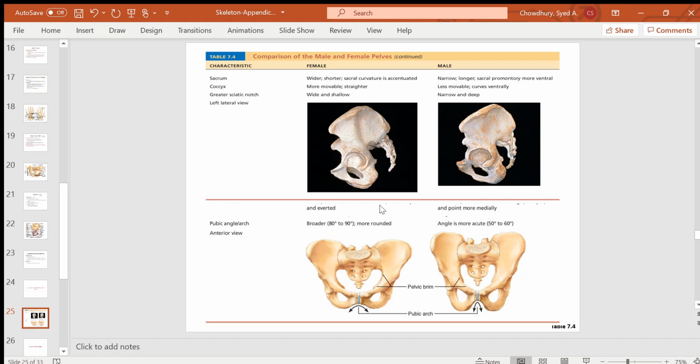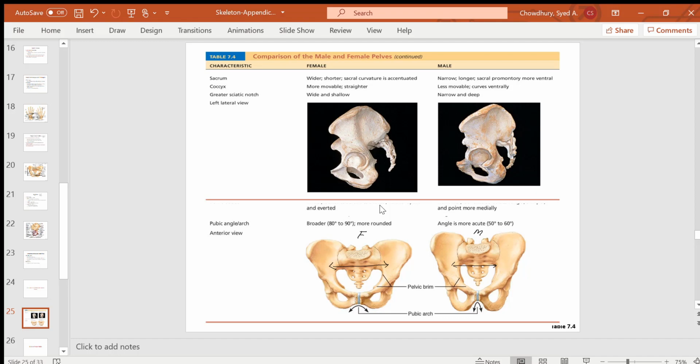So in the case of a female, you need bigger space here. In the male, you don't need that big space. So if you see the bony pelvis of a female, it is much wider than the male.